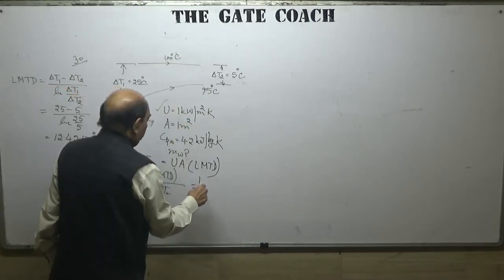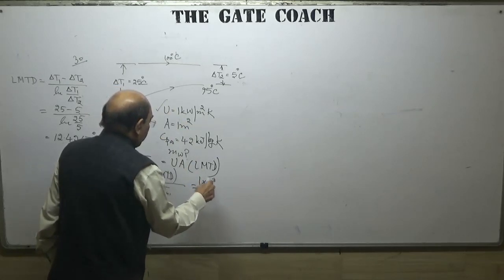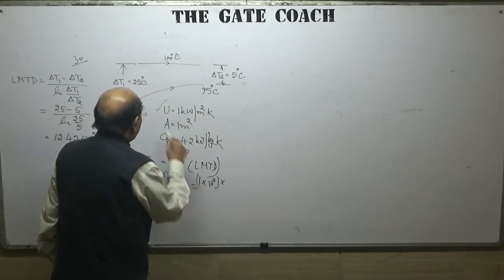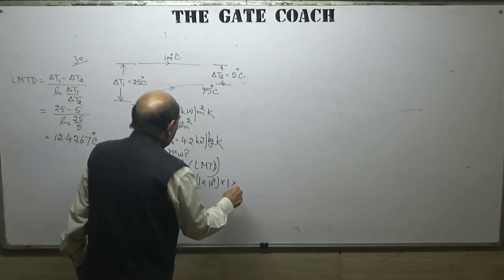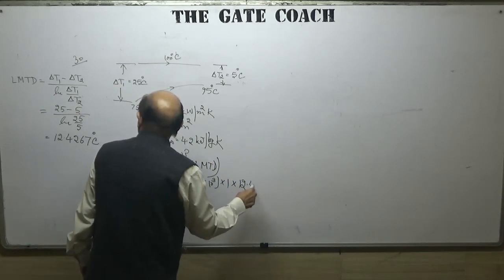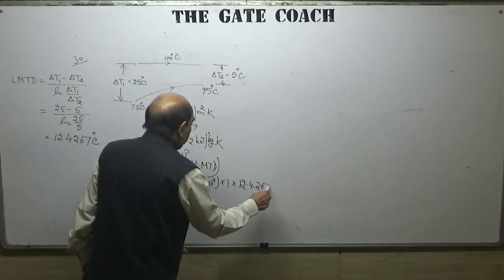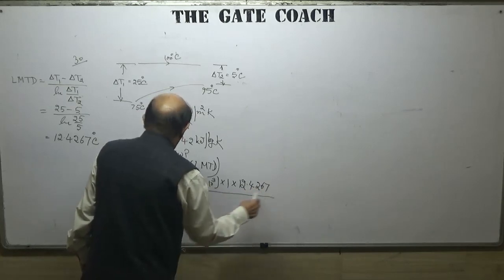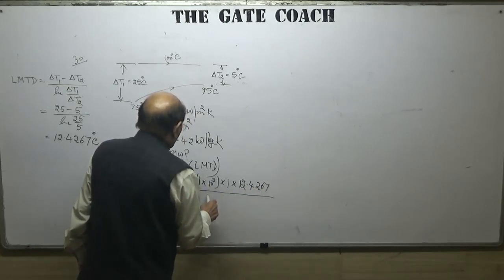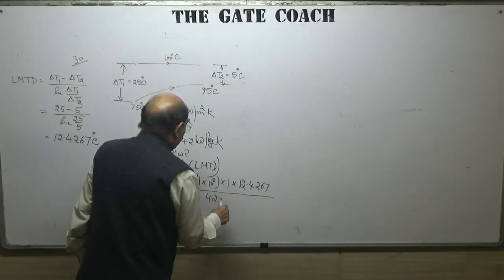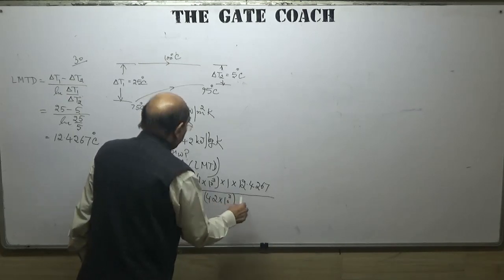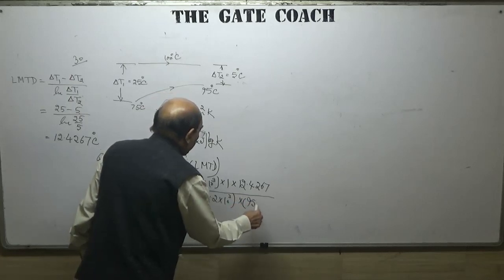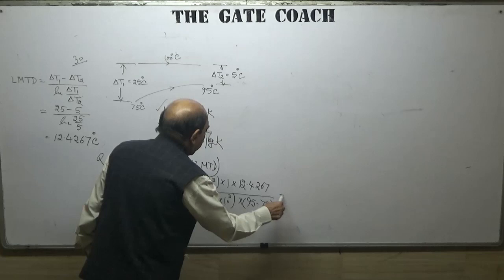U value is 1 kilowatt, that means 1 into 10 to the power 3 watt, into area 1 meter square, into LMTD 12.4267, divided by C_pw 4.2, it is in kilojoule, into 10 to the power 3, into delta T_w, which is 95 minus 75.